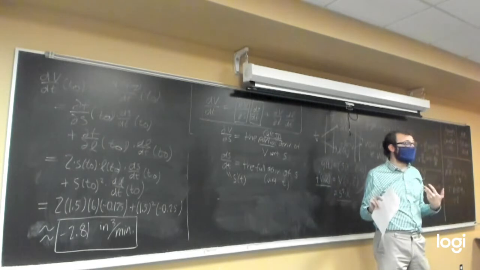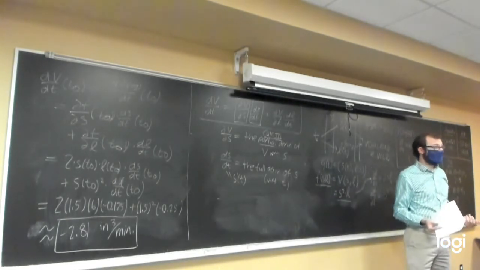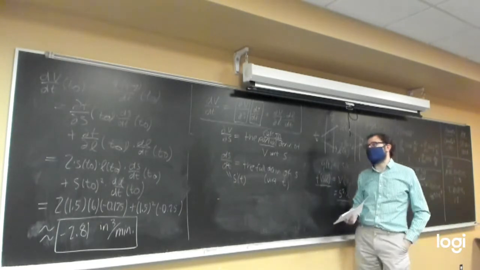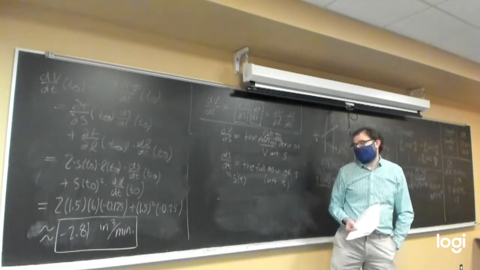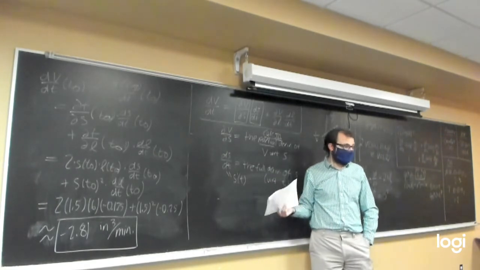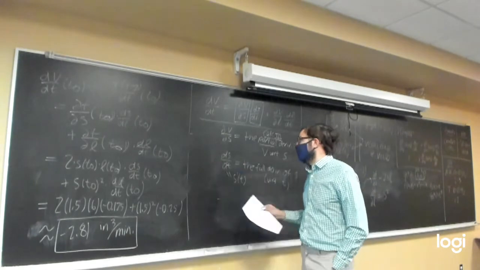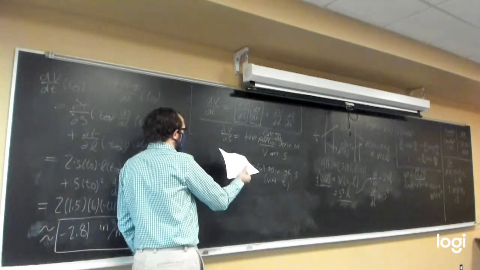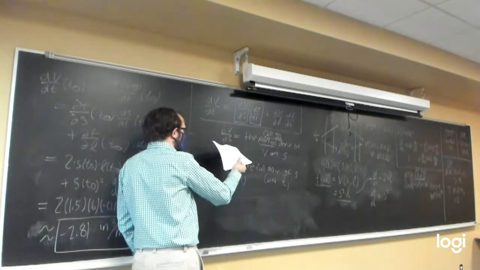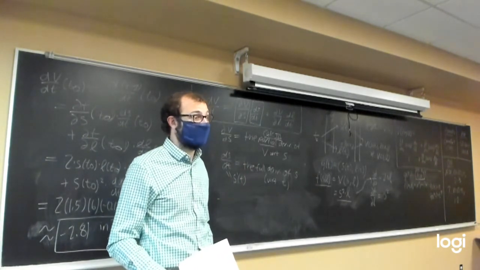Whenever you see dels, think partial derivatives, whereas d's, like ds dt, just mean the Calc 1 derivative. You have a function of one variable, differentiate with respect to that variable, as opposed to a function of multiple variables, where you take the partial derivative with respect to only one of them.